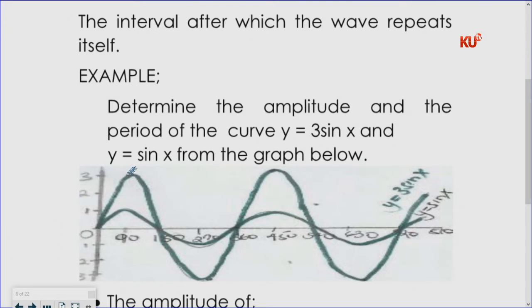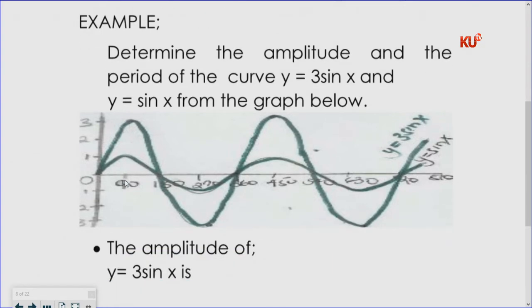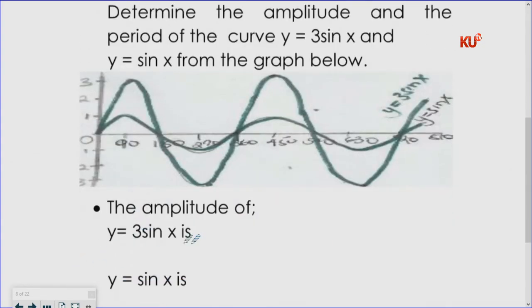That is the farthest that this wave has gone above the x-axis. So we shall say the amplitude of y is equal to 3 sine x is equal to 3. That is the answer for the amplitude. Let's look at the amplitude of the second wave, this one here. Just follow this wave.